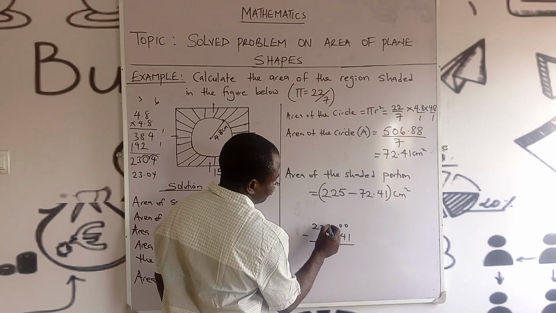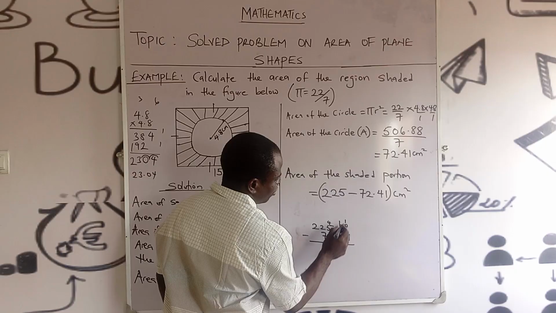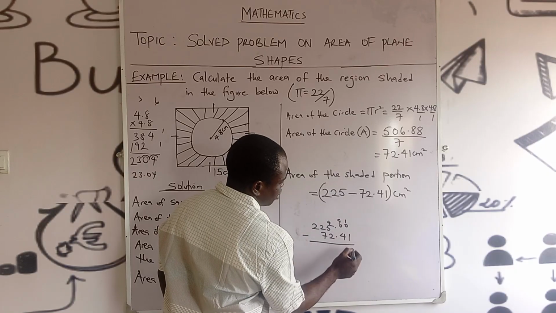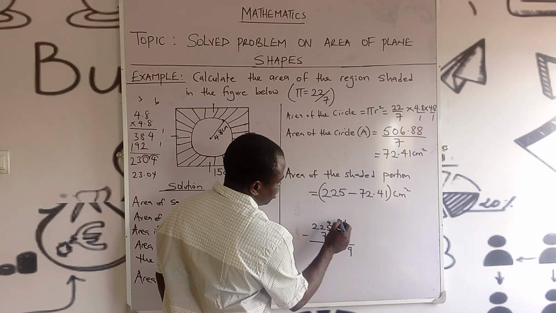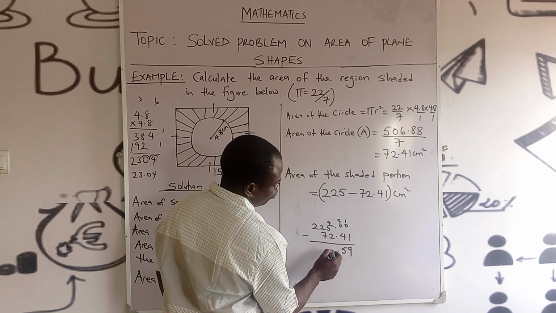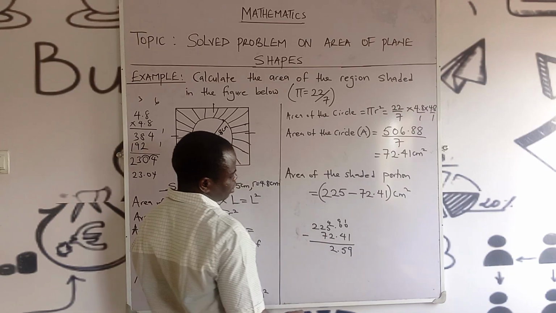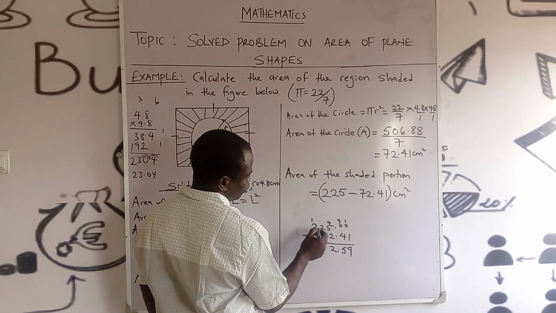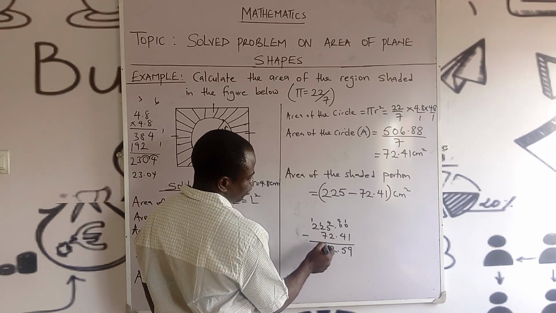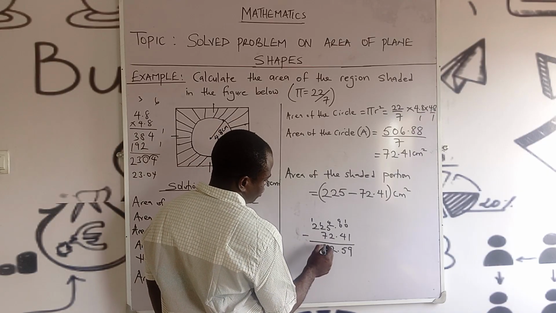Borrow 1 from 5. You are left with 4. Borrow to this place, that becomes 10. This one remains 9. 10 minus 1, that's 9. 9 minus 4, that's 5. 4 minus 2, that's 2. Okay, 2 minus 7 is impossible. Borrow 1 from 2, so this 2 becomes 12. 12 minus 7, that's 5.